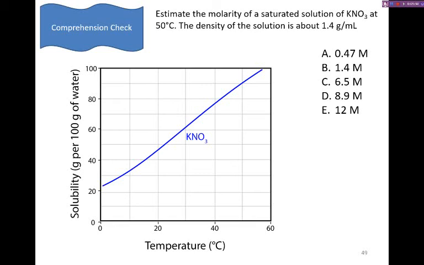Welcome back. So, if we're at 50 degrees Celsius, that's right here, which means that we're at 90 grams of potassium nitrate per 100 grams of water.